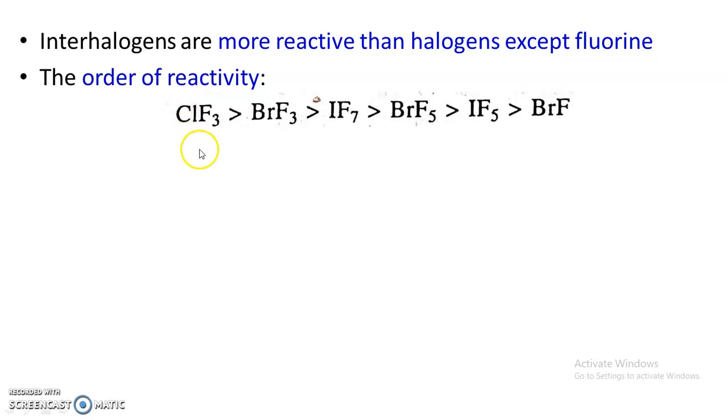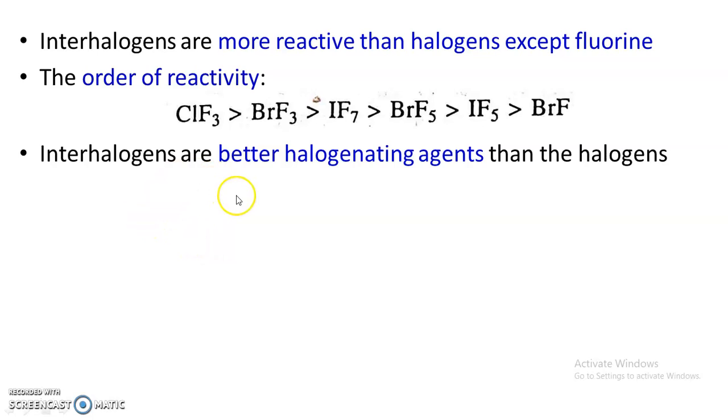And the reactivity order is chlorine trifluoride is more reactive than bromine trifluoride, which is more reactive than iodine heptafluoride, which is more reactive than bromine pentafluoride, which is further more reactive than iodine pentafluoride, and iodine pentafluoride is more reactive than bromine monofluoride. So here in this order, bromine monofluoride is the least reactive, and chlorine trifluoride is the most reactive.